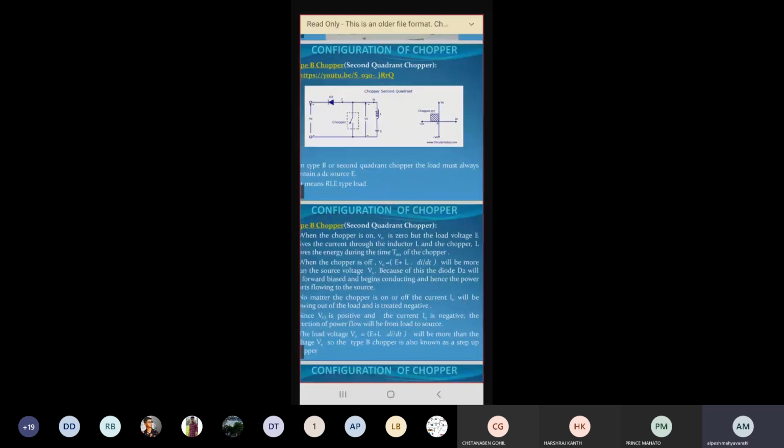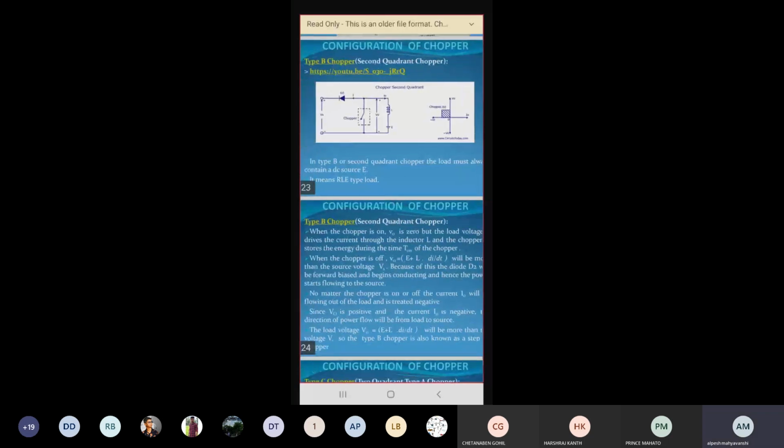But the load is RLE type. That means some voltage E is there in the load, so it drives the current through the inductor and chopper.